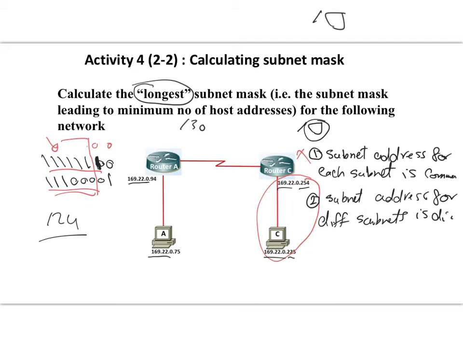No, not only that. /24 will make this and this and this and this, all of them part of the same subnet. Are they part of the same subnet? No, obviously they should belong to different subnets.